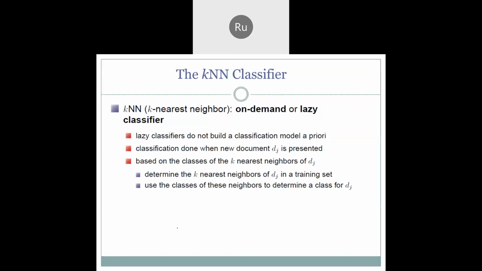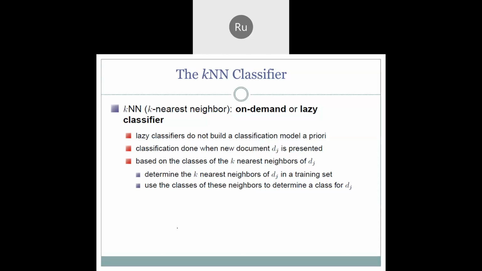Then we assign to that new document the label of the nearest class that the documents belong to. So we need to measure. The K here refers to the number of nearest neighbors. Depending on the majority of the K nearest neighbors, we will assign the label to them.